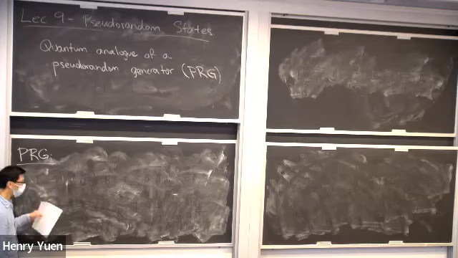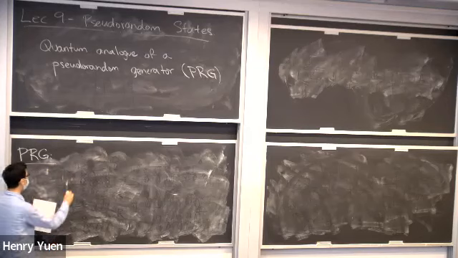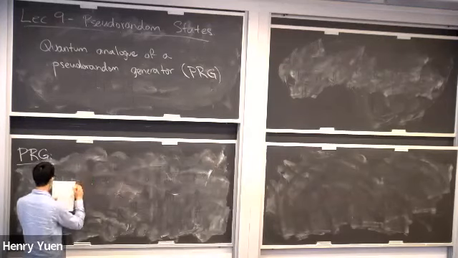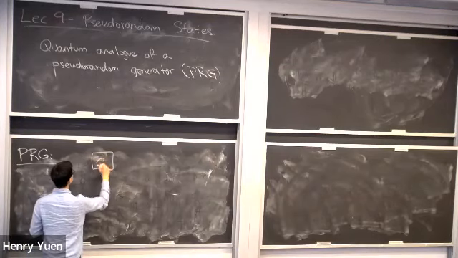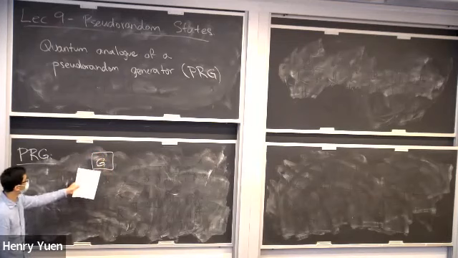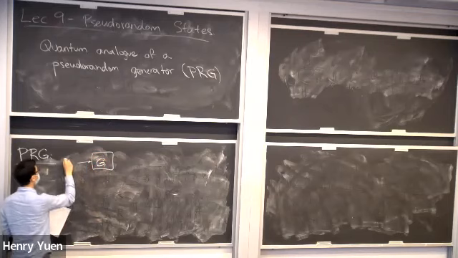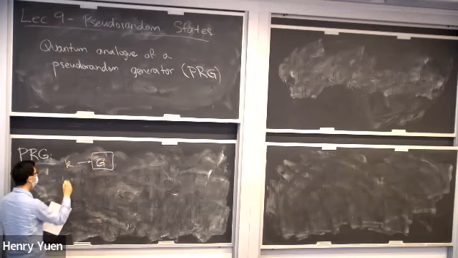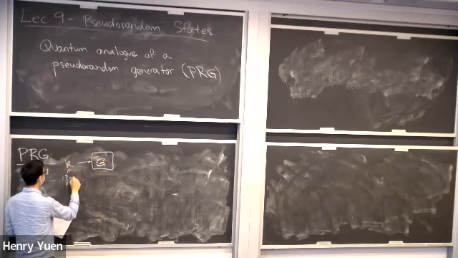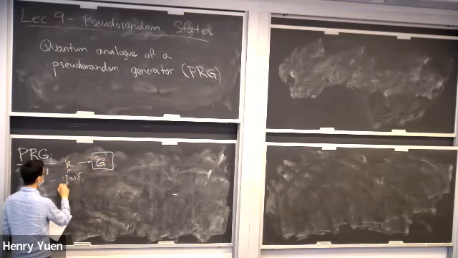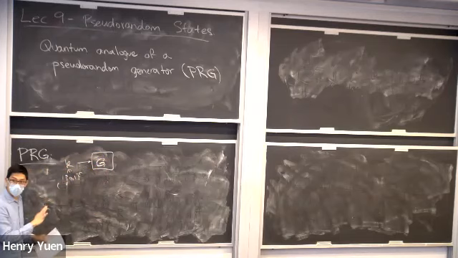Cool. So what's a PRG? Just in pictures at first, it's some box, G, that stands for generator. The input to this box is some string k, say it's an n-bit string. We call this input string a seed.